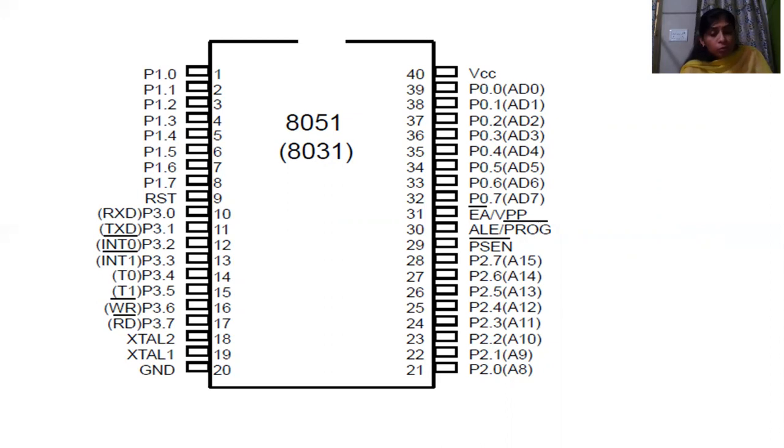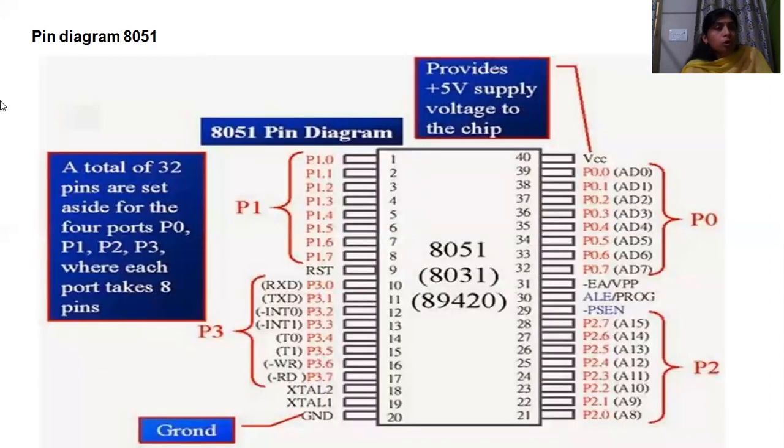A total of 32 pins are set aside for the 4 ports P0, P1, P2 and P3, where each port takes 8 pins, 8 bits, and a total of 32 bits. Pin number 20 is the ground pin, and pin number 40 is for VCC supply, plus 5 volts.